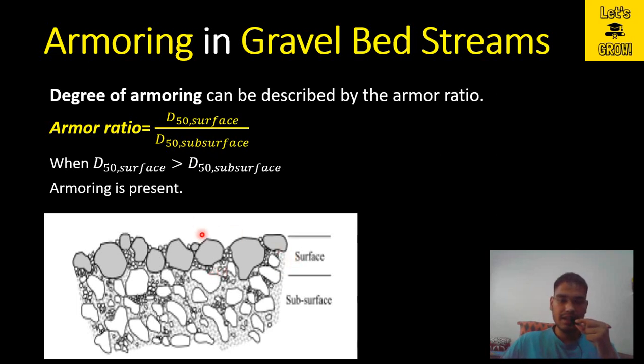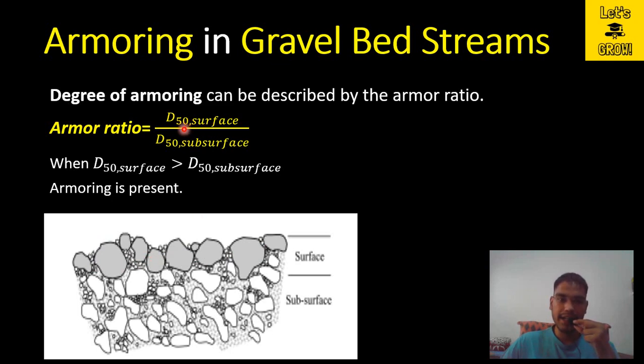In this image you can see that initially you have to take a sample from the surface of the stream or river bed, and by doing sieve analysis you calculate the d50 of the surface.